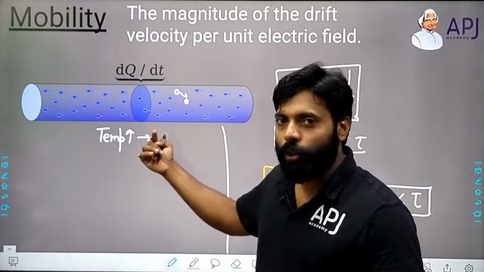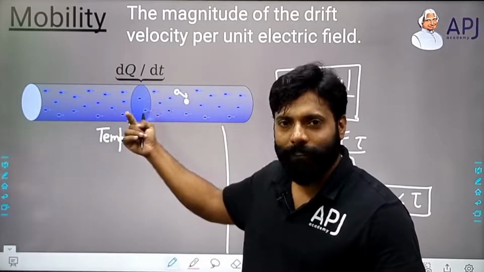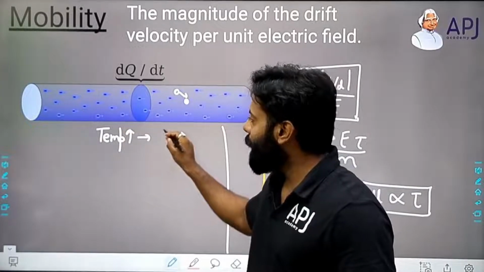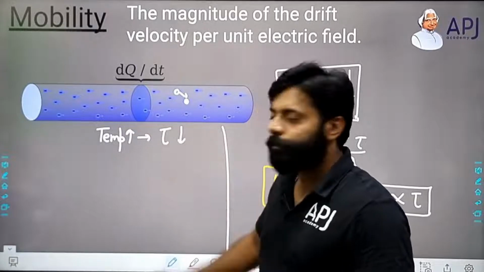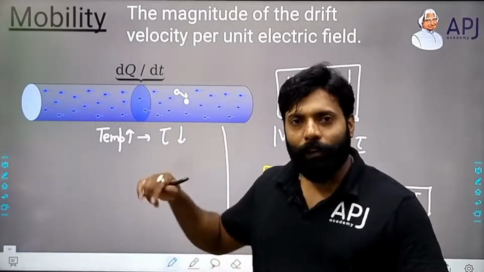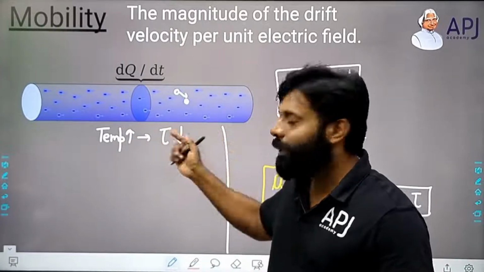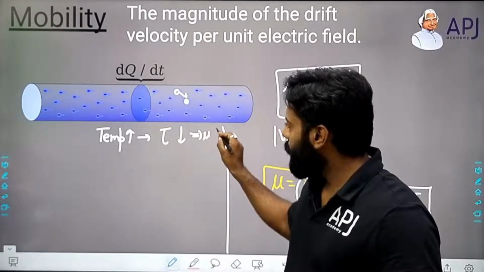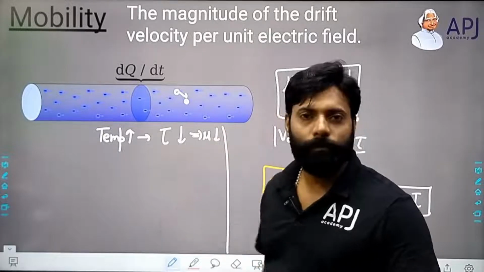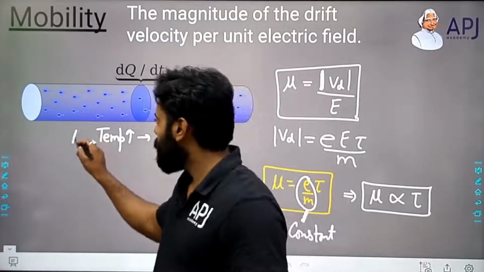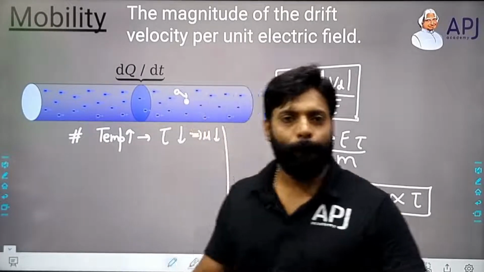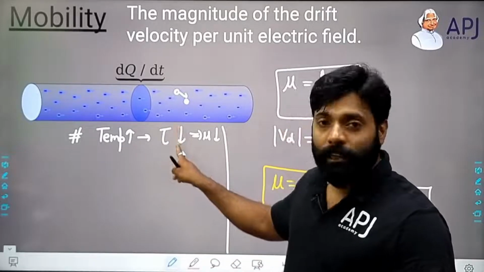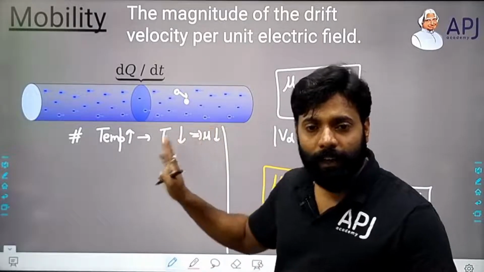The kinetic energy of electrons will increase, their velocity will increase, and due to that, their relaxation time will decrease. When we increase the temperature, their tau will decrease, so their mobility will decrease, isn't it?